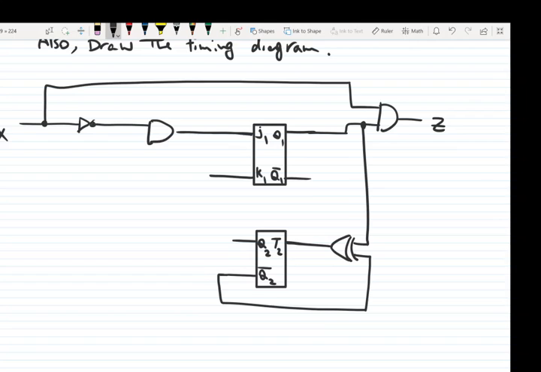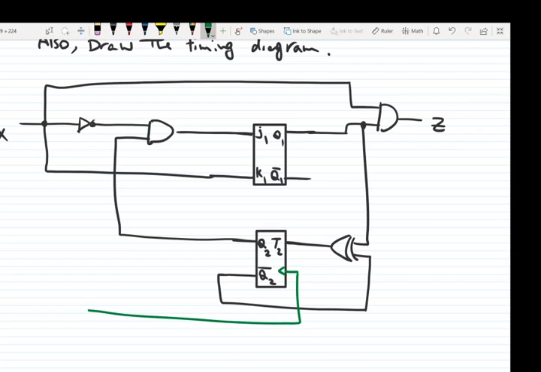Q2 is connected to the second input of the first AND gate, and finally K1 is connected to X. That's the circuit, and of course we need a common clock signal for both flip-flops.